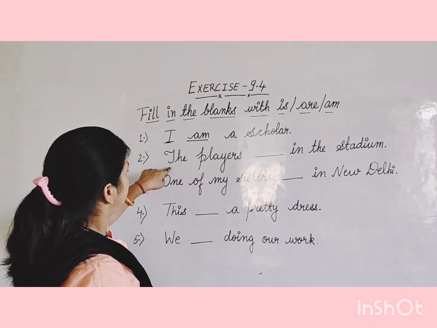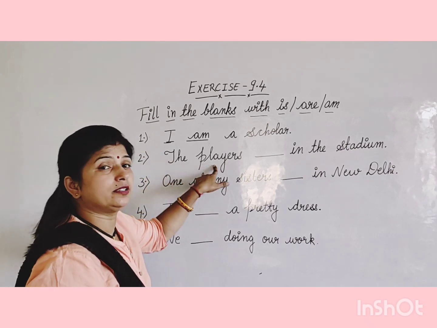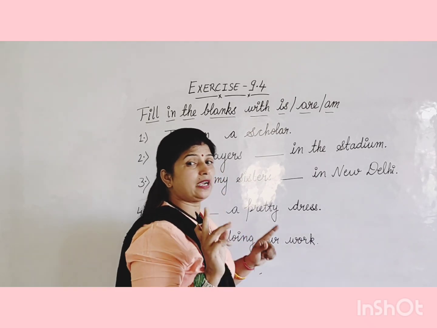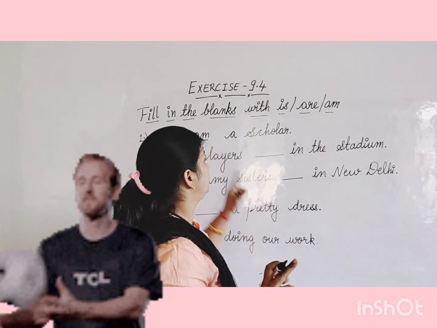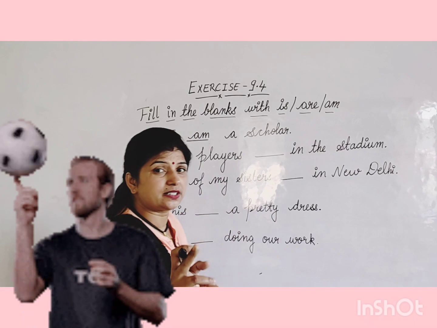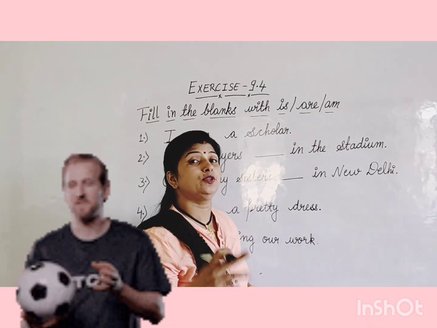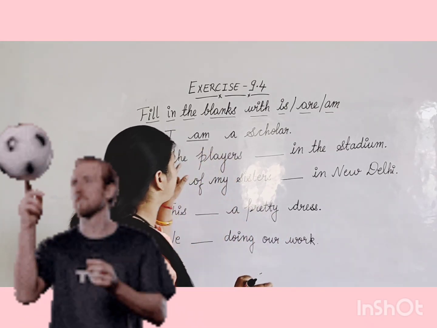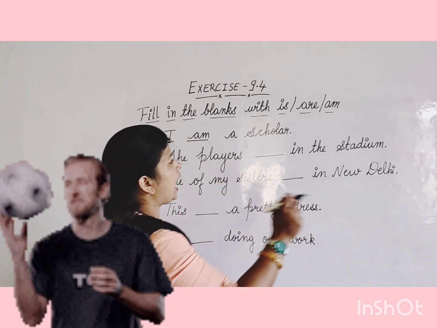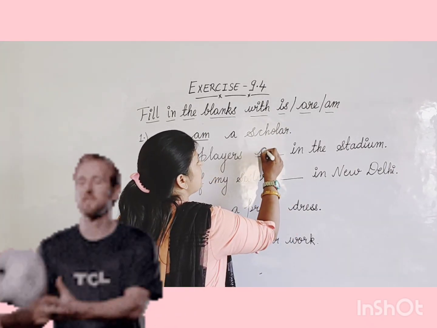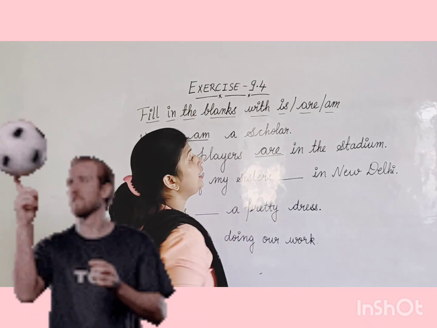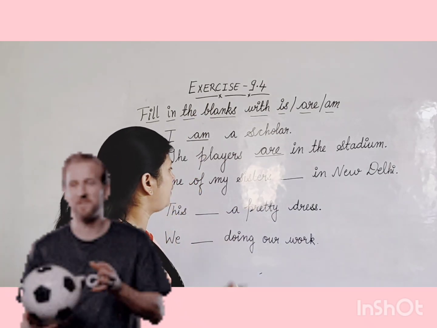Then the second one is: the players. The players, that means the subject is plural. So when the subject is plural, then at that time we use are. So what will be the answer? The players are in the stadium. The players are in the stadium, right?